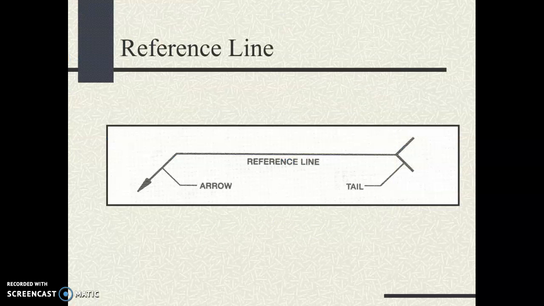So this is the basic bare bones of a weld symbol, just a horizontal line with an arrow pointing to the weld. The tail here is kind of optional. Sometimes you'll see it, sometimes you won't. So the simplest kind of weld symbol is just a line with the arrow. And then we are going to add stuff to this line.